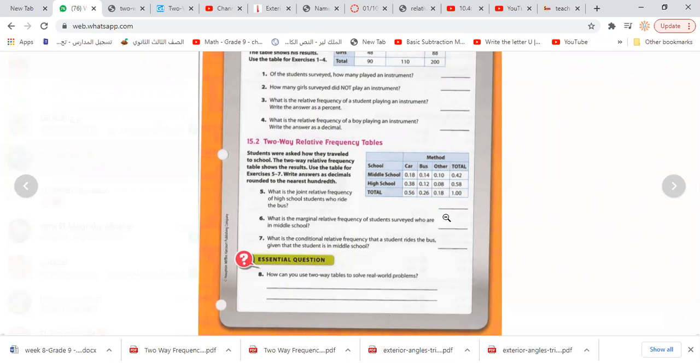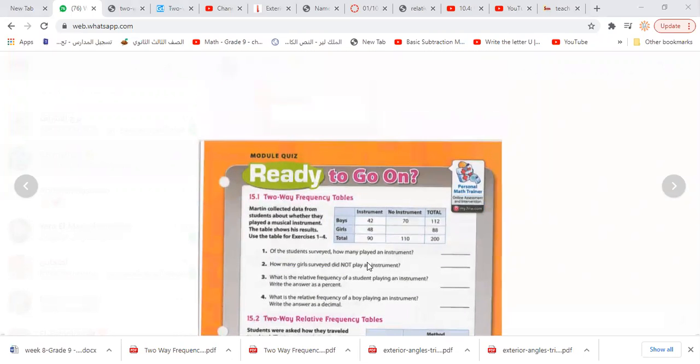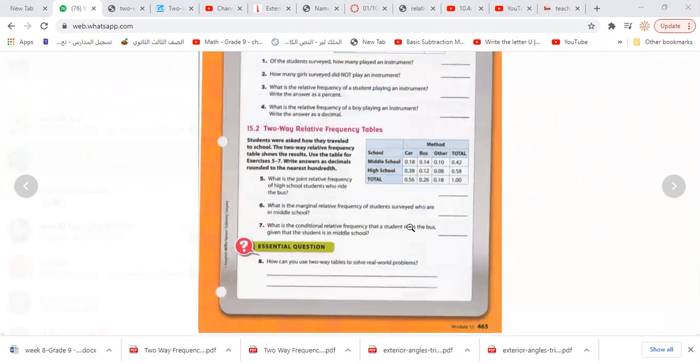Which number is written there? Where is the intersection cell?